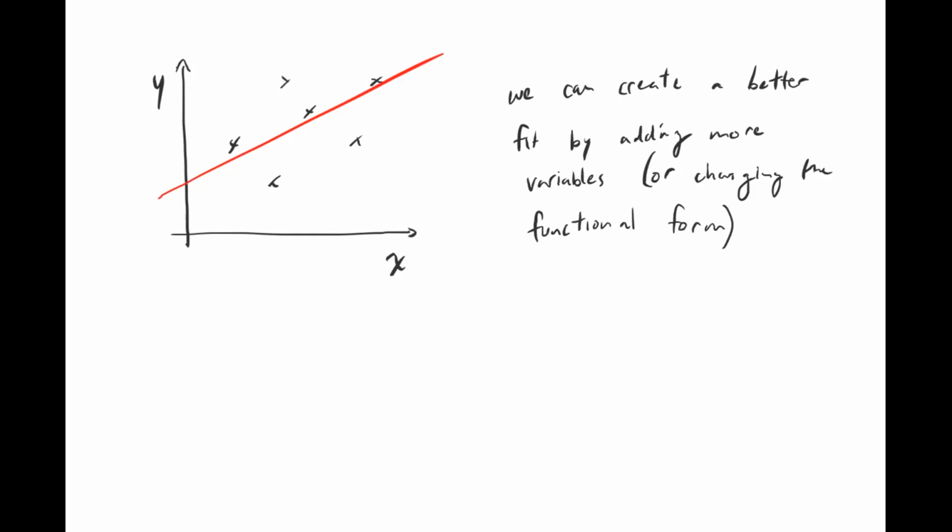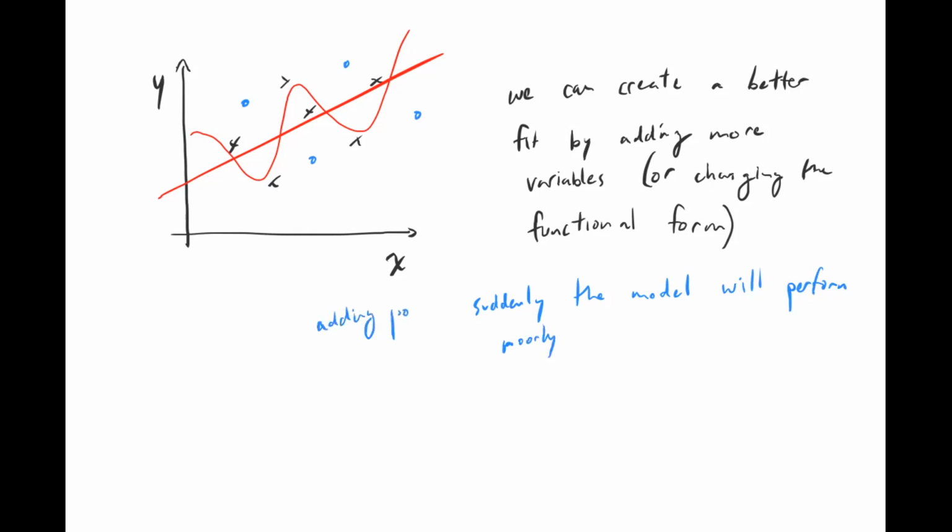But if I do something where I better fit my points, and then I generate more points via a new function or via having held points back as a testing set, suddenly the model will perform poorly. Right. So adding points.